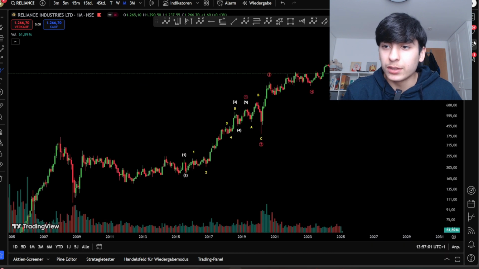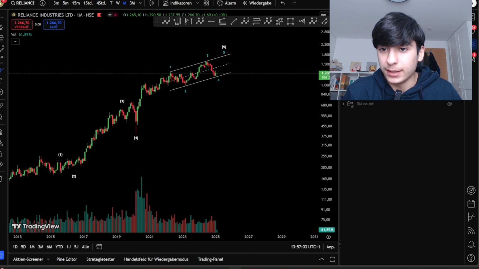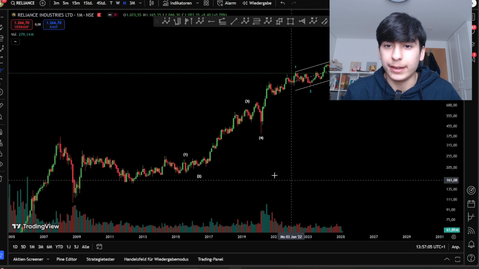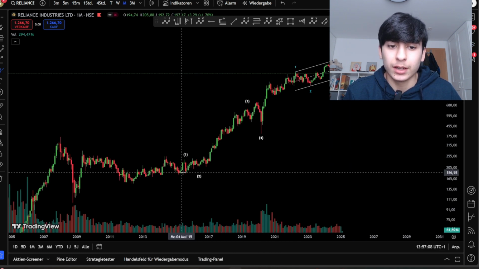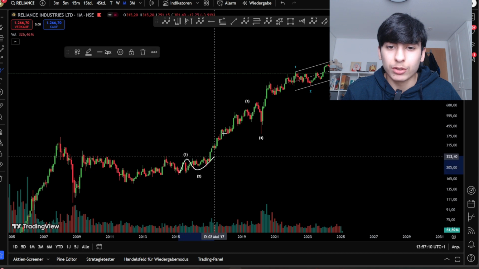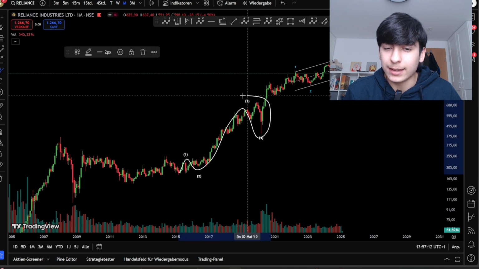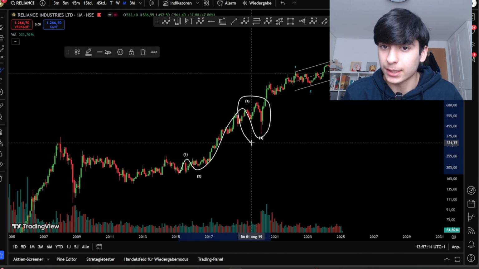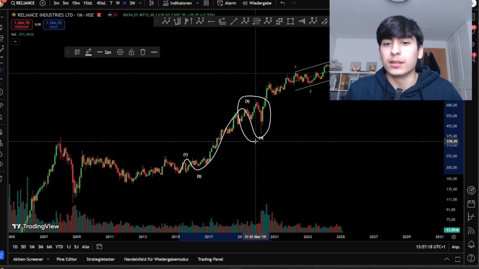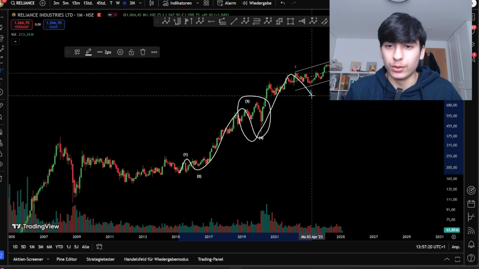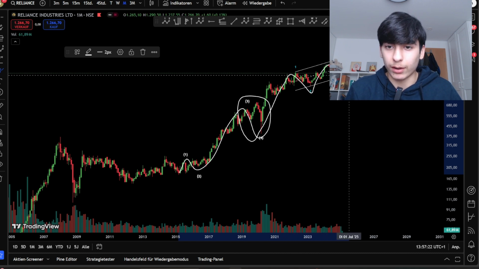Now the other option is basically this count where we have a diagonal as the ending structure. Again, we are looking here at a 1, 2, 3, 4, not as a 1, 2, but as a 3, 4 this time. And then our wave 5 will be an ending diagonal, where we look at a 1, 2, 3, 4, 5.